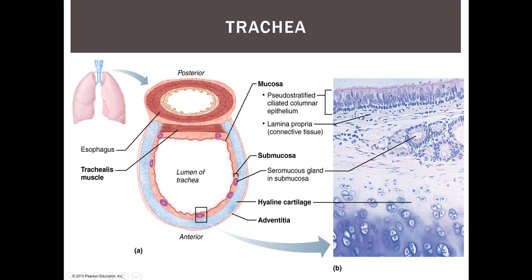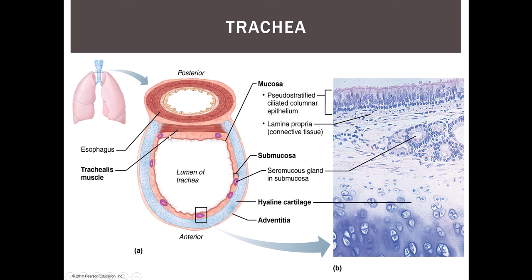If we then move into the trachea, so we're talking about this right here. The trachea sits anterior to the esophagus. And one of the key features for the trachea is the fact that it has what we call patency, which means it has an openness. It always stays open. And that is because in the submucosa, we have these hyaline cartilage rings.